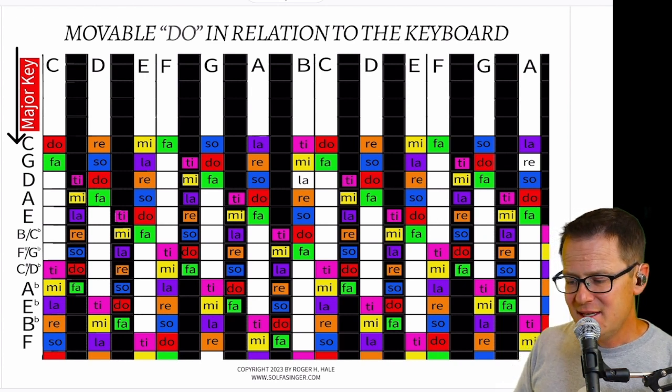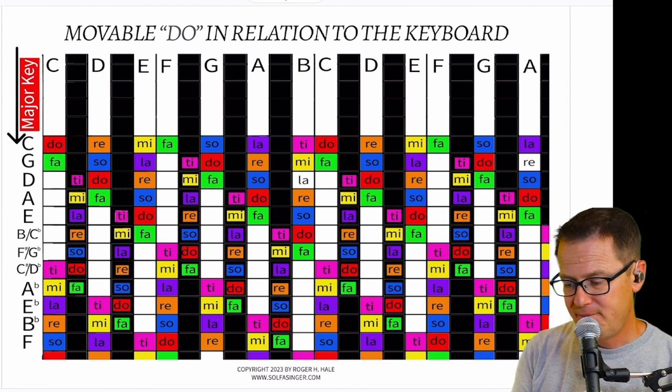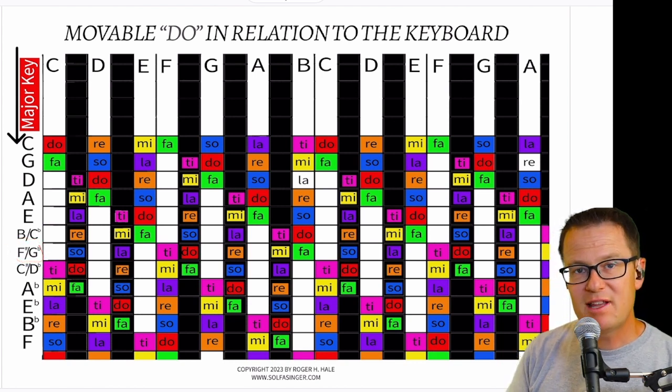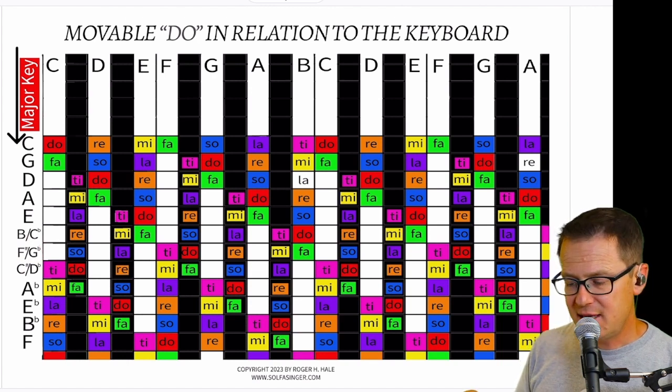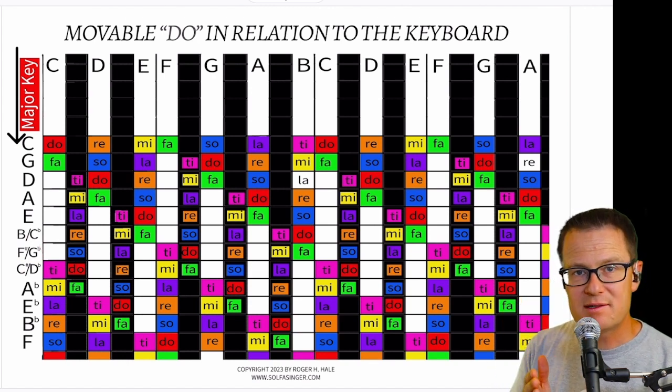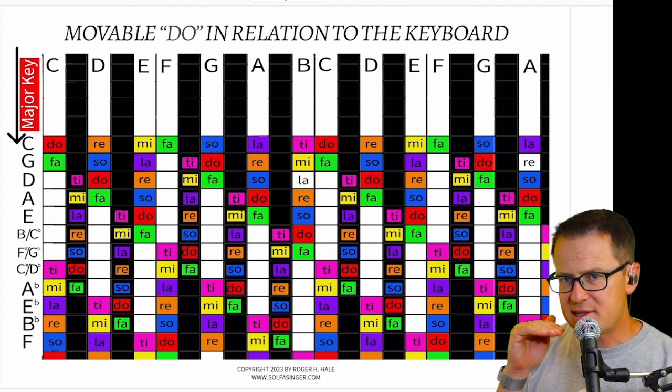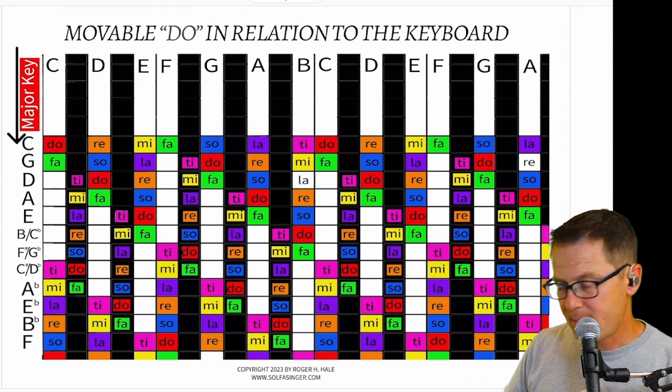All right. Now let's look at one more. Look at the key of F sharp or G flat. Those are enharmonic equivalents, and it can get a little bit complicated, but we're just going to keep it simple and say most of these are on the black key here. So right here, let's find do in G flat.